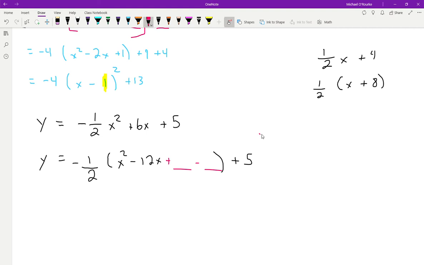So I take the middle term, I divide it by 2. You forgot to square it, Ben. Make sure you square it. And it gives me negative 6. Right? I'm going to put a box around that because I'll use that later. Then I take negative 6 and I square it, which equals 36.